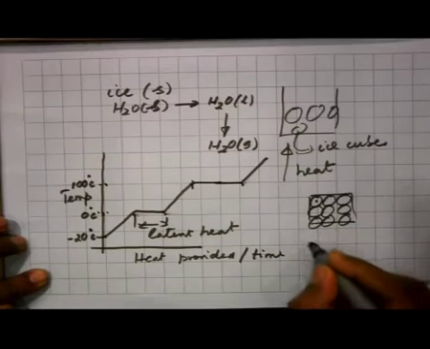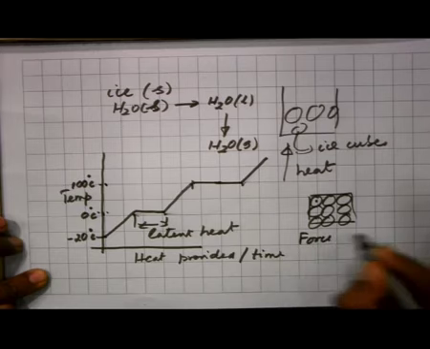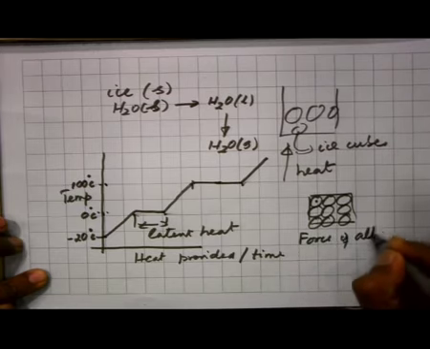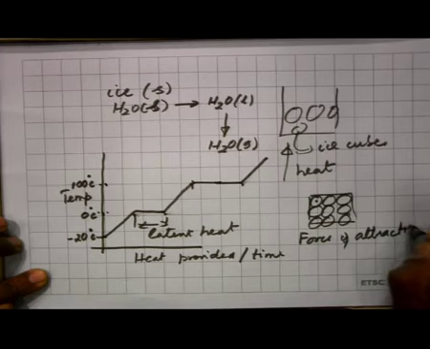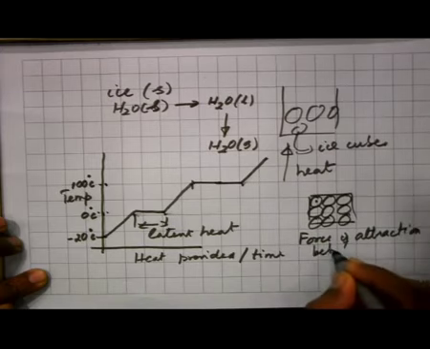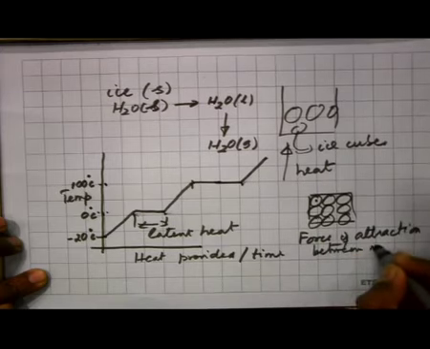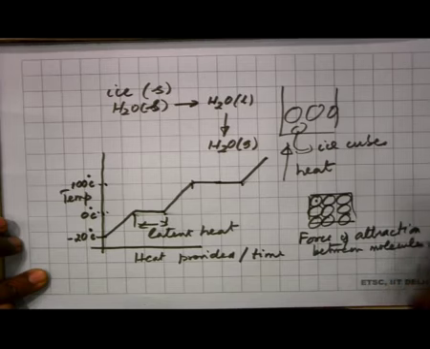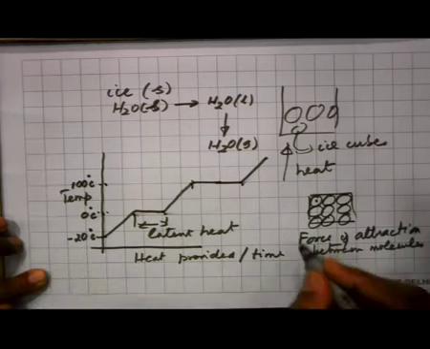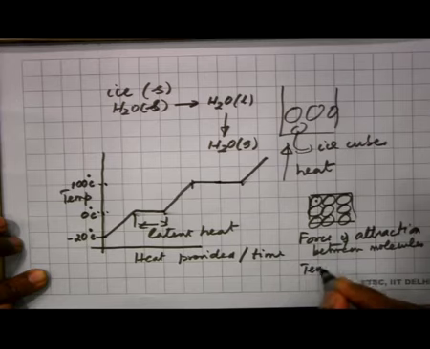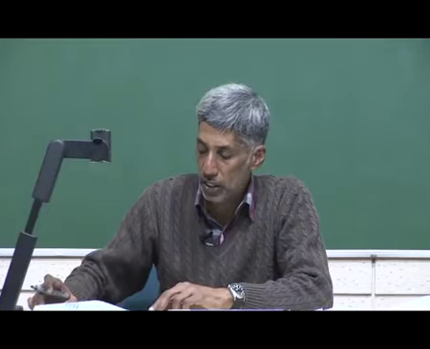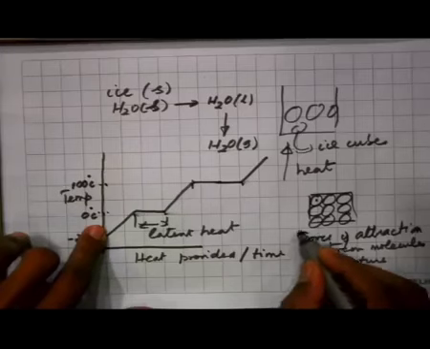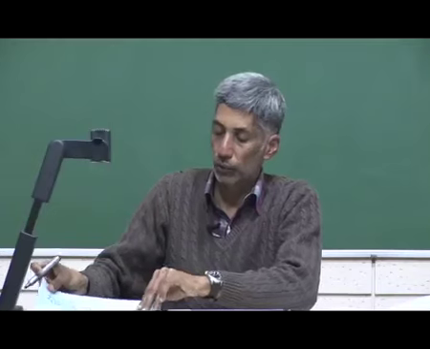One is a force of attraction between molecules, counteracted by the temperature. So, that is what we need to understand. The reason for understanding this force of attraction is that we have two things.